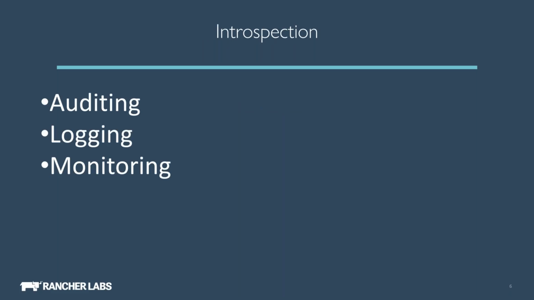So introspection in Kubernetes boils down to 3 things: auditing, who did what, where, and when, for how long; logging, all the things our applications spit out, all the things that our CNI plugins spit out, all the things that our Kubernetes components spit out in structured and human readable ways. These are important. And then monitoring. What does my machine time series slice machine data look like on all of these things?